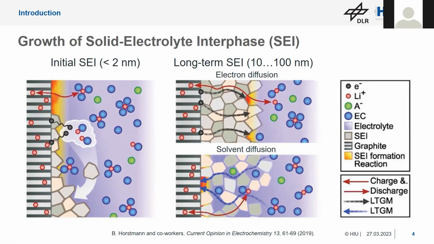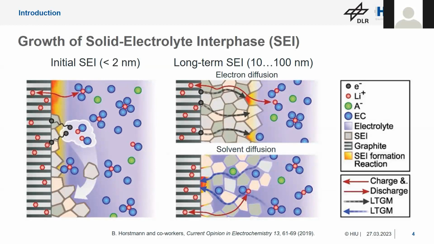In trying to understand this, my collaborators and I try to separate what can happen. And I want to distinguish the initial SEI formation, where we talk about something like 2 nanometers, up to long-term SEI formation from 10 nanometers and beyond.